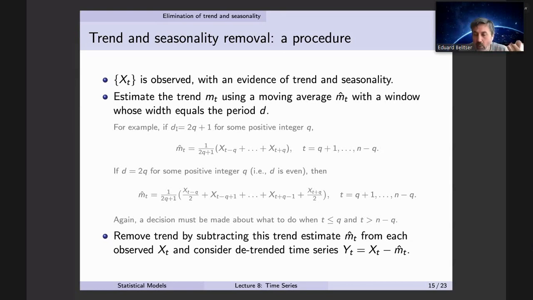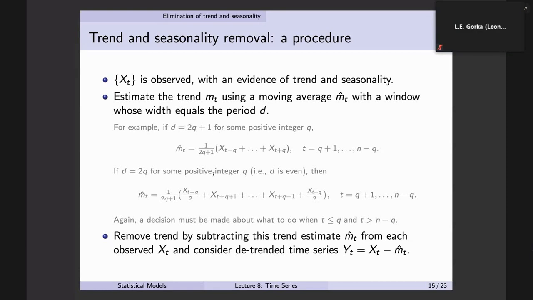Depending on whether it's even or odd, we adjust our procedure slightly. If it's odd, then we simply apply exactly the moving average as it is. D becomes 2Q plus 1, so we just divide it in two parts, and then it's exactly a moving average where D is equal to 2Q plus 1.